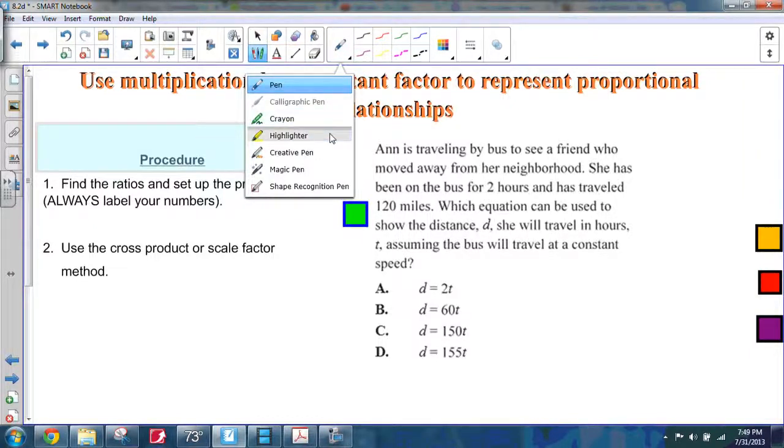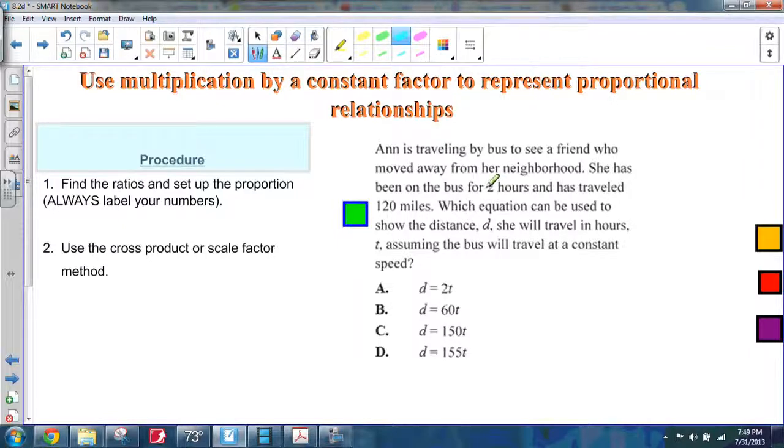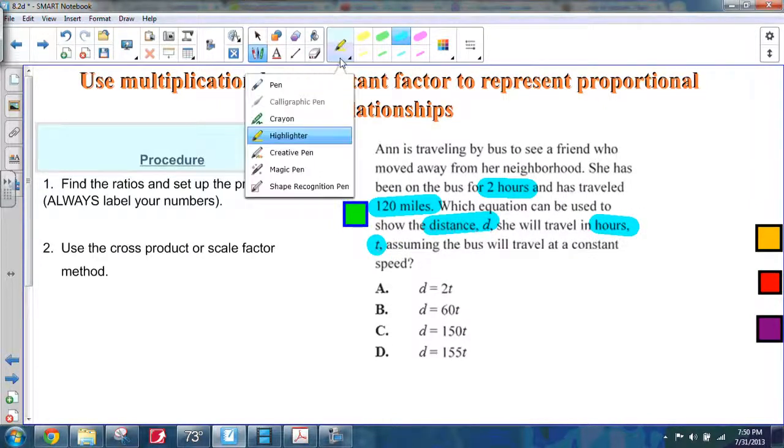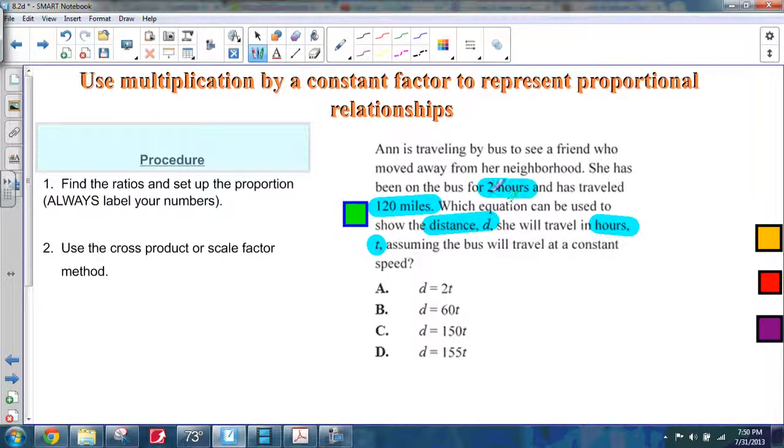So first, let's highlight our important information. I'm looking for all the numbers, 2 hours, 120 miles, and anything that's a variable, like distance, d, and hours, t. Now that we found our ratios, we need to set up our proportion. Our first ratio is 2 hours over 120 miles.